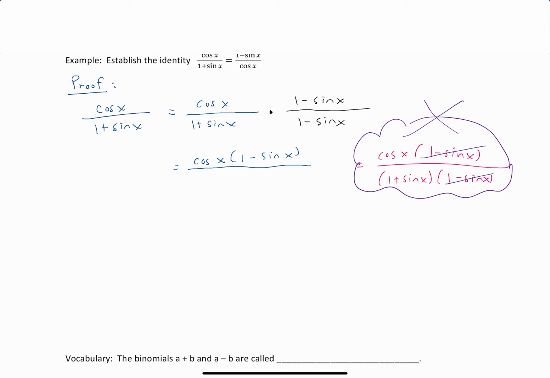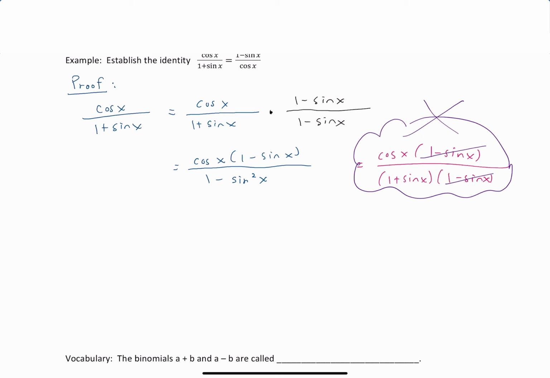So instead, let's multiply down below. I'm going to use my formula that a plus b times a minus b is a squared minus b squared. So I have 1 squared, which is 1, minus sine squared of x. And now what?